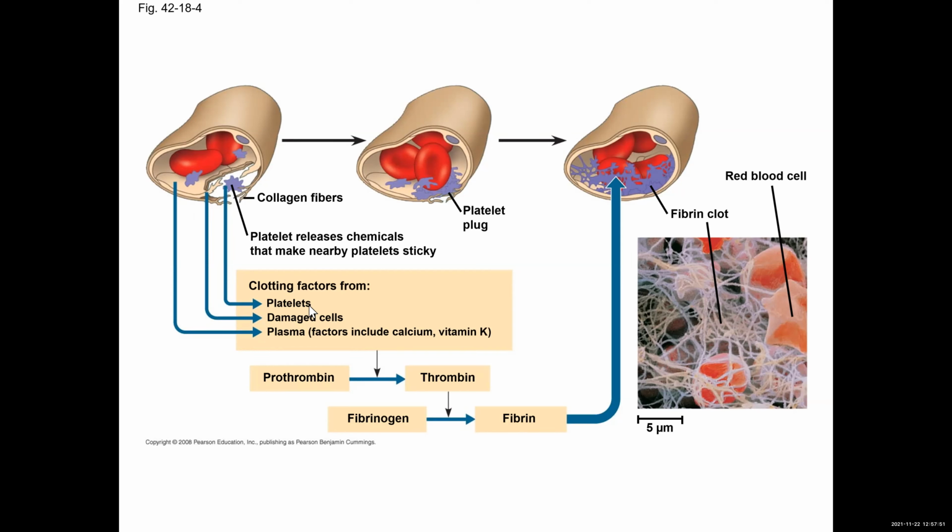So we have these damaged cells secreting molecules that are going to tell nearby platelets to come close by. This cascade of conversion of clotting factors is going to occur. The blood disorder hemophilia, where clotting doesn't happen, can actually be caused by a genetic mutation in any one or more of any of these clotting factors. So there's a variety of different forms of it.